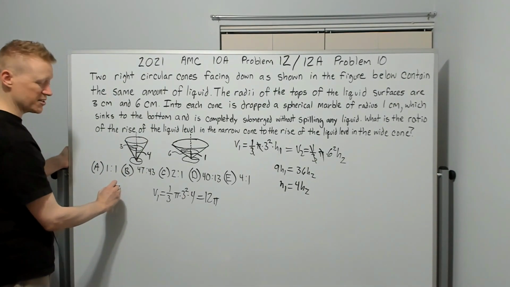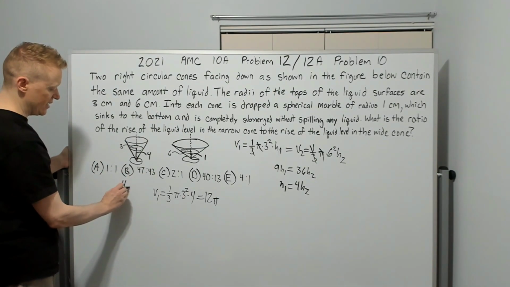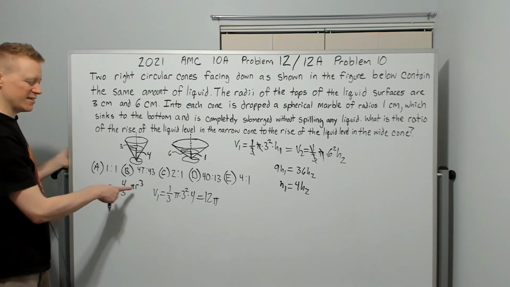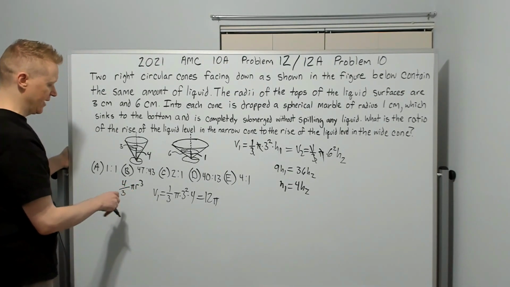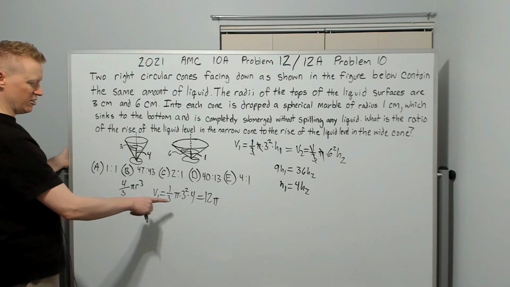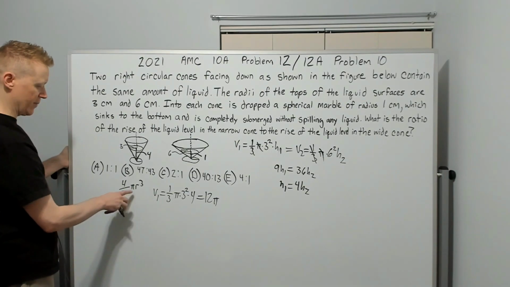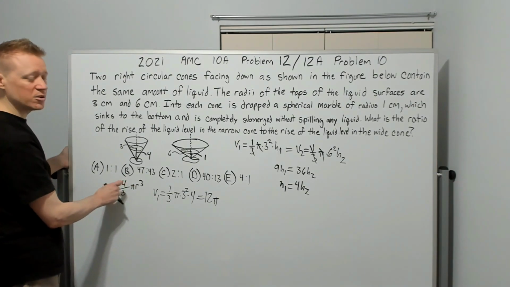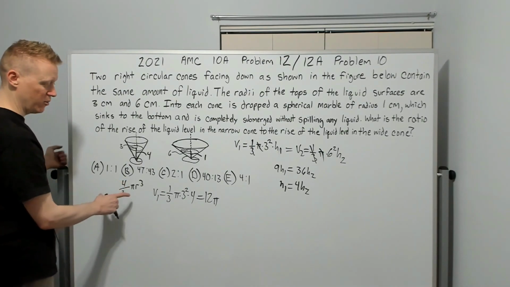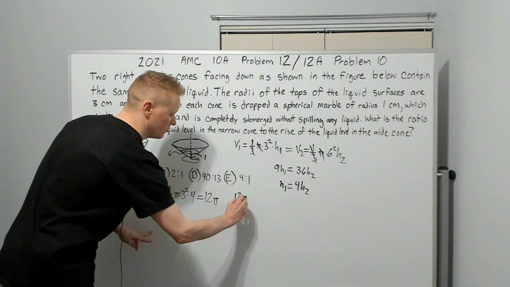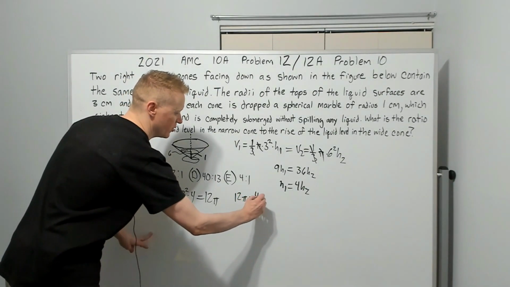Now the volume of a sphere, which is what a marble is, is 4/3 pi r cubed. Anyhow, moving on, you're going to plug in 1 to this because it's the radius of the marble. That means the marble's volume is 4/3 pi. We're going to combine that with the 12 pi. So I've got 12 pi plus 4/3 pi.